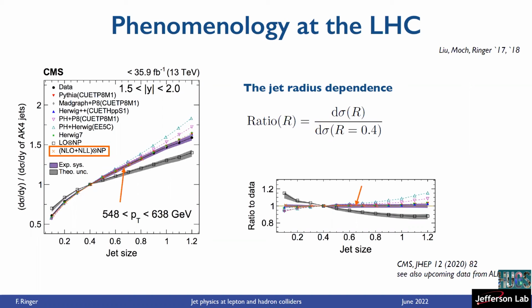So what it's telling us is that in this case already, even if R is not particularly small, right, I would think a log of 0.6 or so is not necessarily very large, that I would not necessarily have to worry about that at fixed order, right? But it turns out that you do have to worry about it. So that's kind of an odd thing of QCD in general.